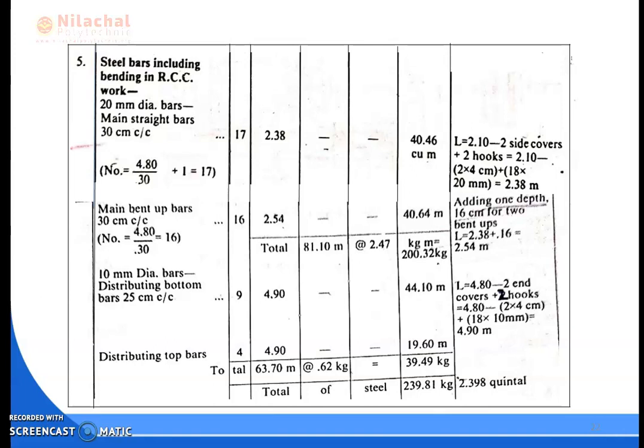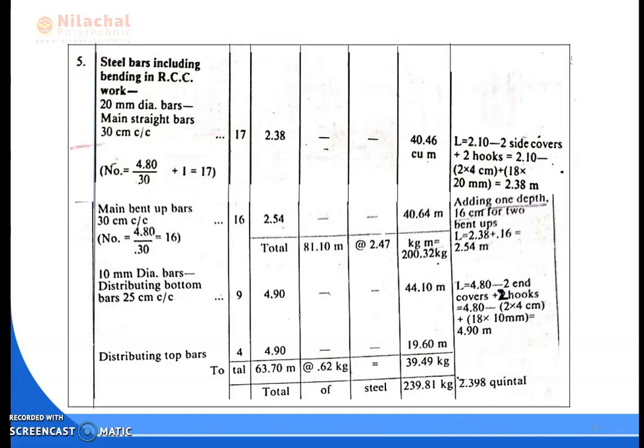Then in case of the bent bar, how can we calculate the length? In the bent bar case, the length of the main bar plus adding one depth for two bent ups. We already know the bent up bar has some angles, which contain 45 degrees.